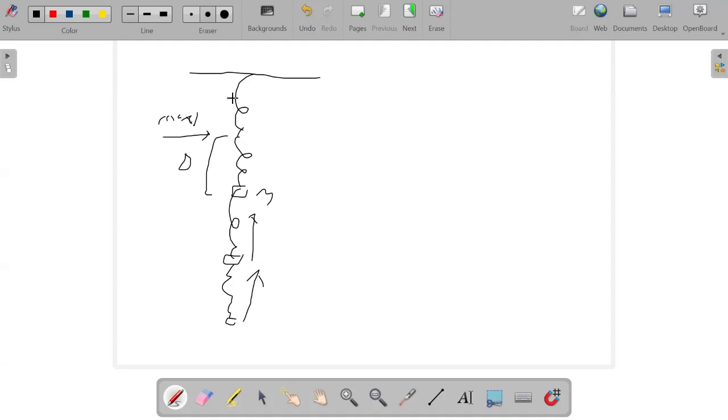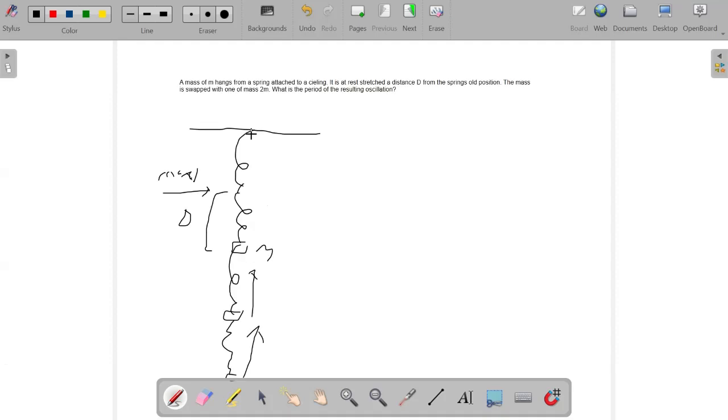Okay, well, first we need the period of oscillation for a spring. You should have an equation sheet for this. You can also just easily solve for it or remember it. What we know is that T equals 2 pi times the square root of m over k.